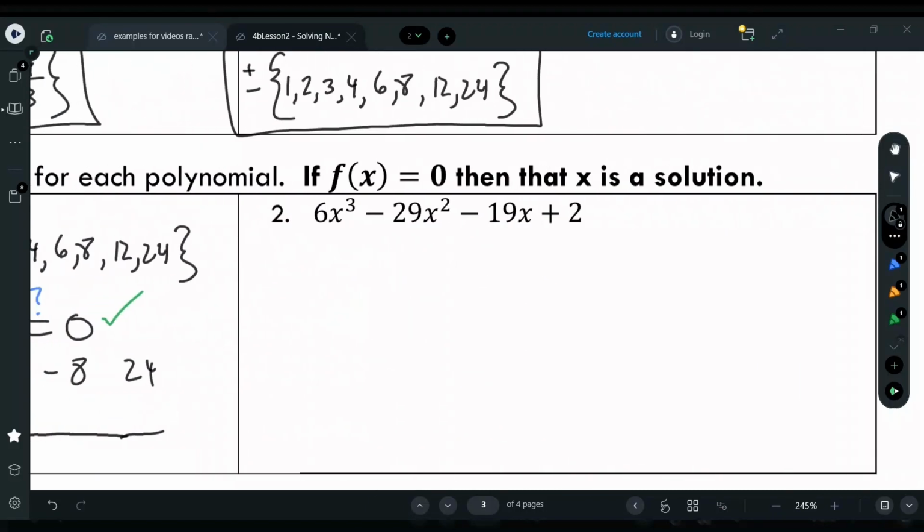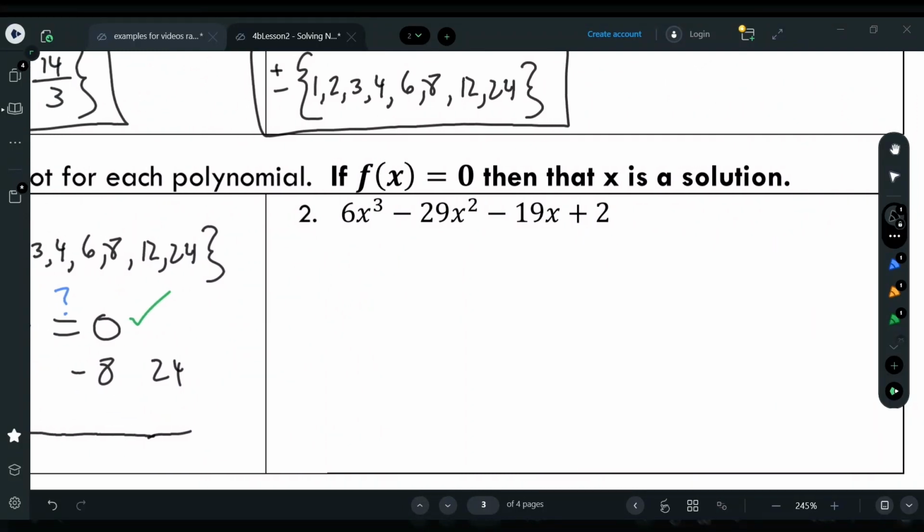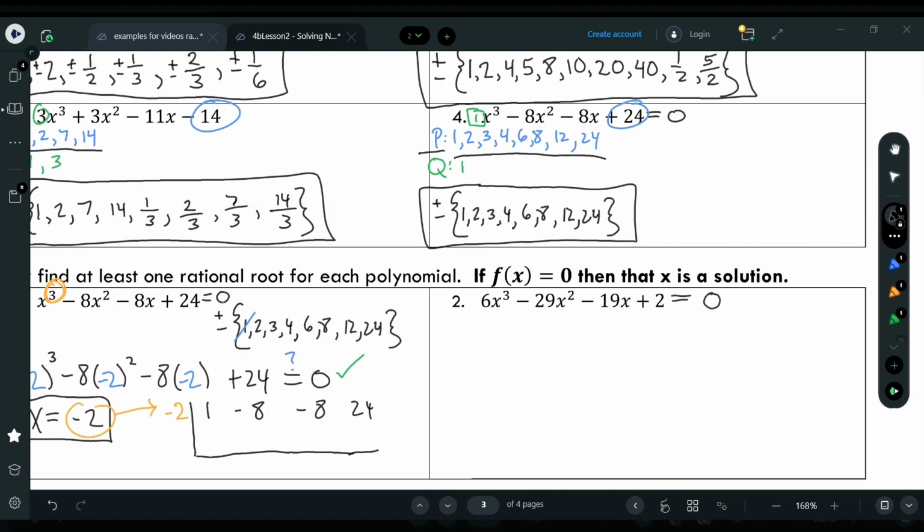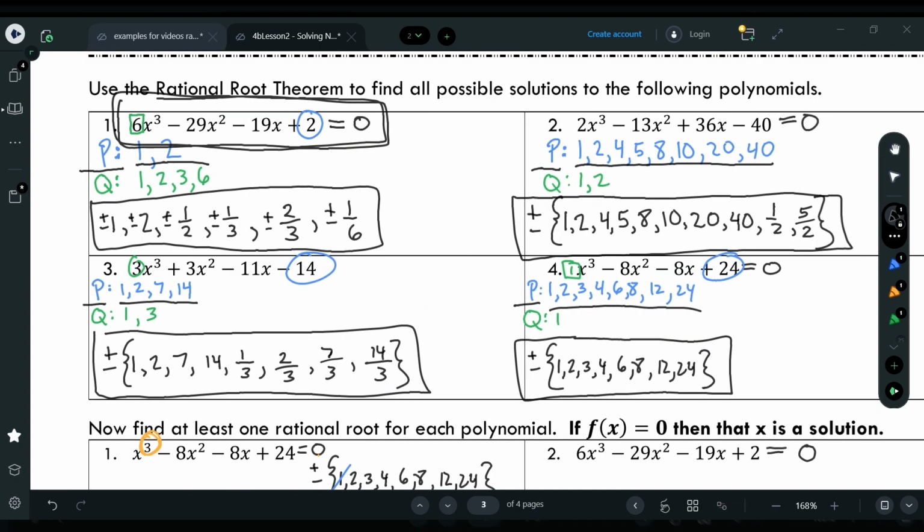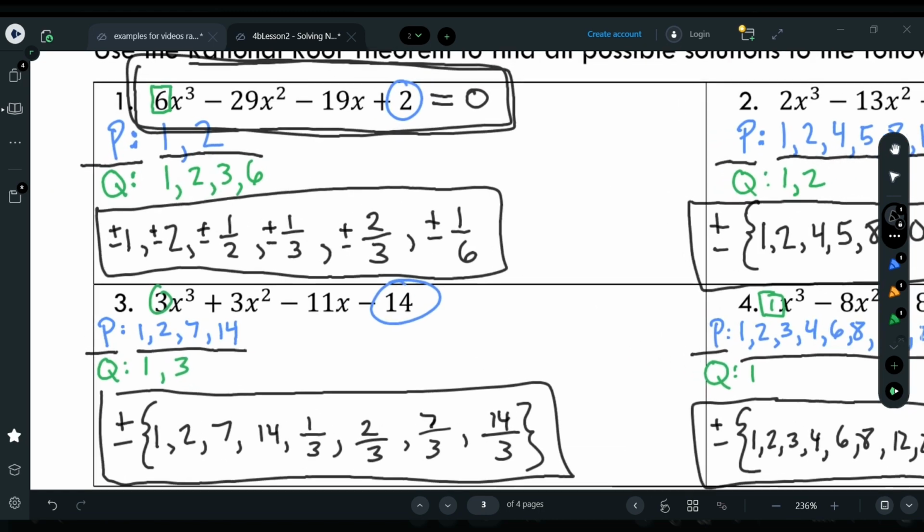Okay, next one here, same thing. We're going to find at least one rational root for this polynomial equation. We'll make it an equation equal to 0. And I just noticed that this equation is also one that we were working with before. We actually up here already solved and found the possible solutions, right?